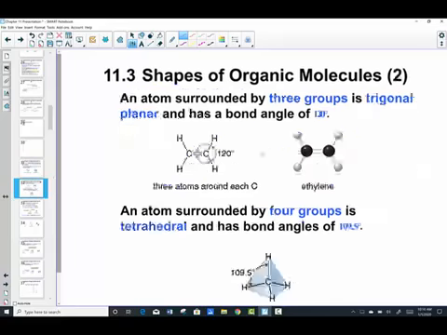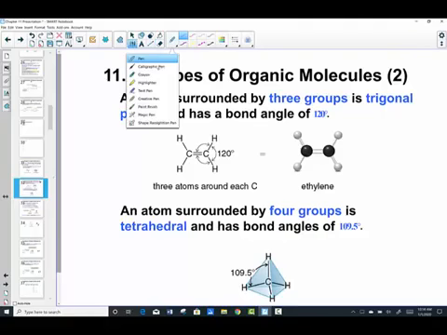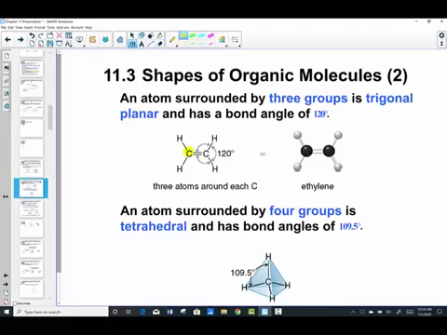In a second molecular shape, we look at an atom that is surrounded by three groups. For example, if I change over to a highlighter here quickly, notice I have a carbon that is surrounded by three groups. What I mean by group is we have a double bond leading to a group of carbon, a single bond leading to hydrogen, and a single bond leading to another hydrogen.